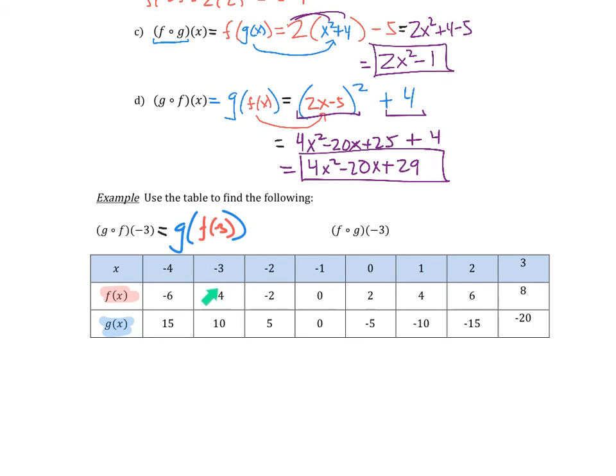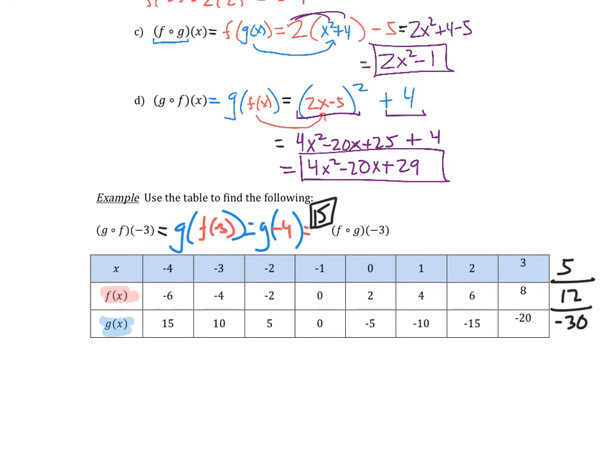What do we get? We get negative 4. So that means we have g of negative 4. Well, what is g of negative 4? Now we can look at our function. g of negative 4 is 15. All right, so 15 is the answer.